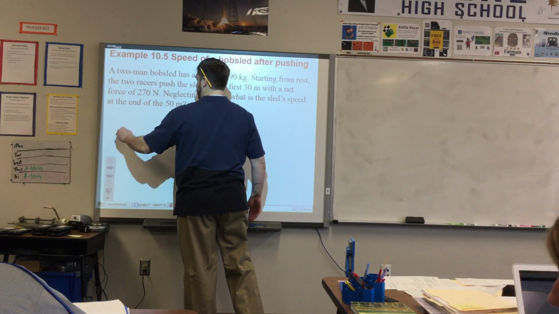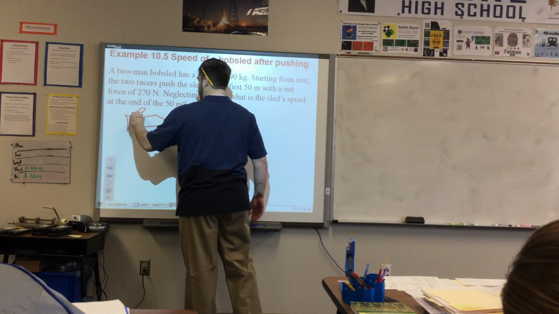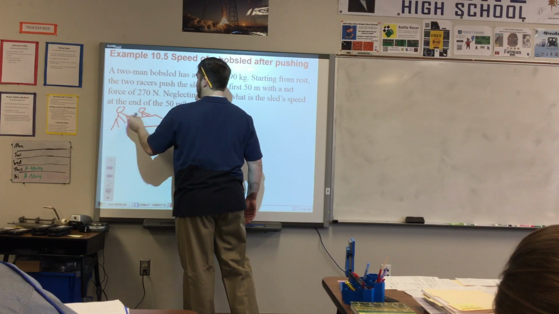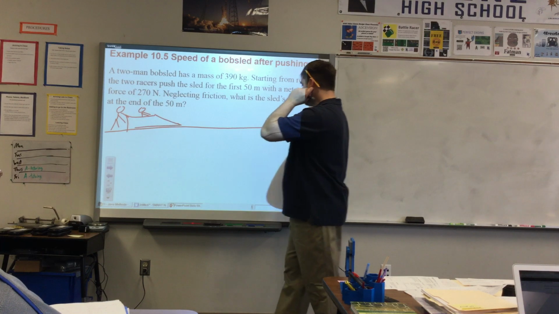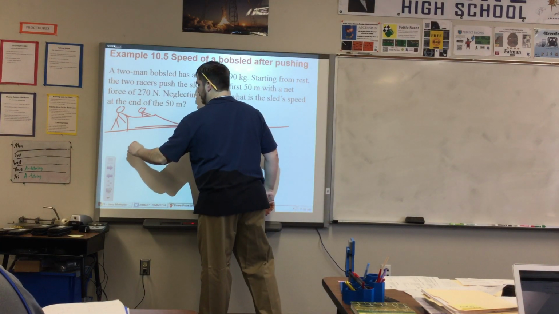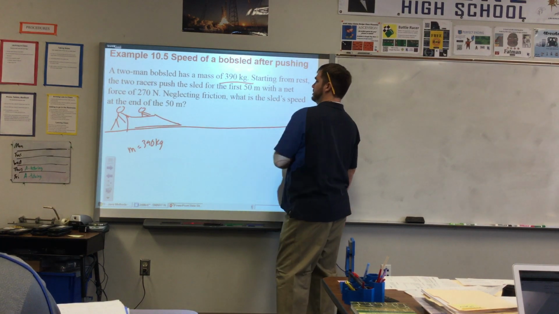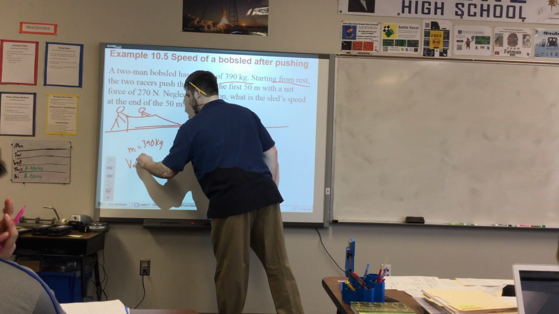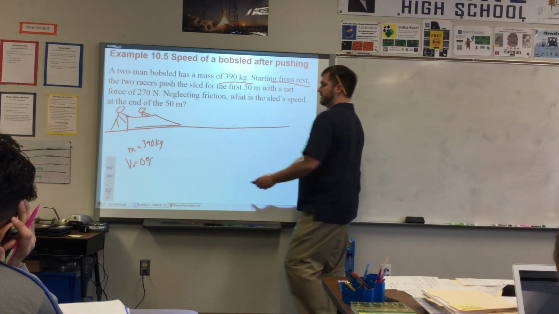We'll try to draw a bobsled. One guy, he's inside, the other guy's going to be pushing it. Mass of 390 kilograms. Starting from rest, which velocity is 0. They push it for 50 meters.